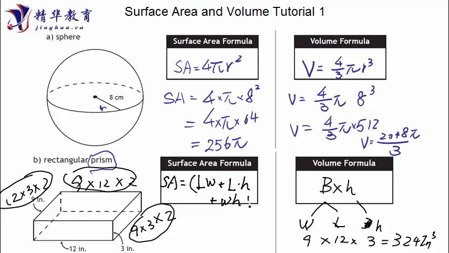We got 3 of them, each one a different side, and we times 2, so 3 times 2 is a total of 6 sides. This is our formula. In this case, we can use our simple way: 12 times 3 plus 9 times 12 plus 9 times 3, in brackets, and then times 2. So this is our surface area of the rectangular prism.